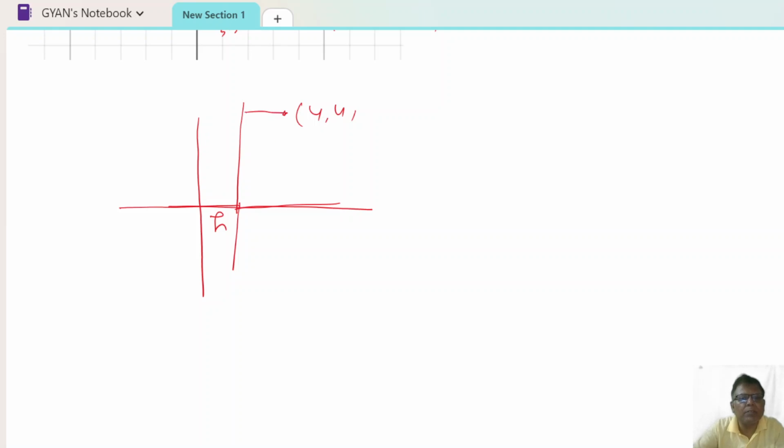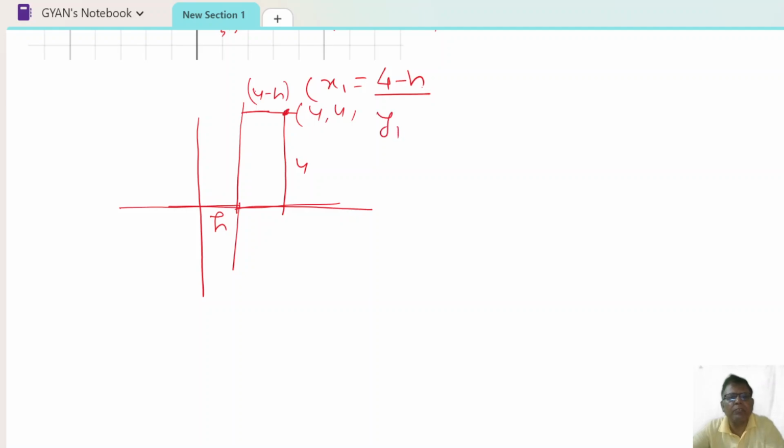This distance will become 4 minus h, and this distance will remain 4. So this coordinate will change. Suppose this coordinate becomes x1. x1 will be 4 minus h, and y1 is equal to 4 minus 0, because y has not changed.